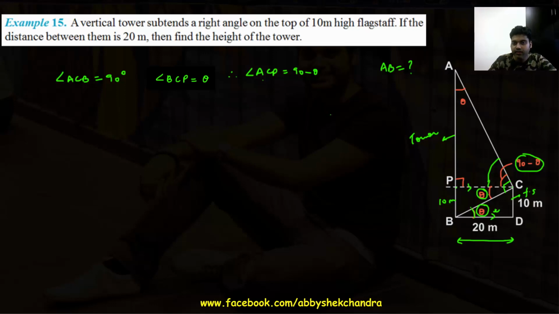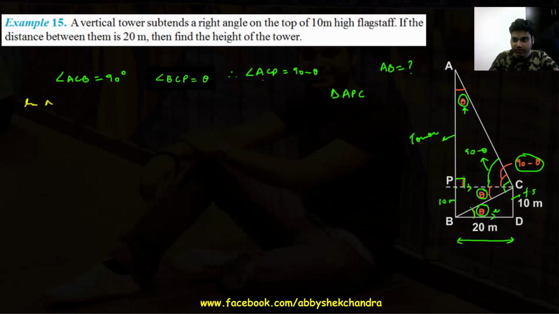Fine. Now take triangle APC. Triangle APC is a right angle triangle with a 90 degree angle here. This angle is 90 minus theta, so this has to be theta, because the sum of angles in a triangle is 180 degrees. Now let's get to solving the question.